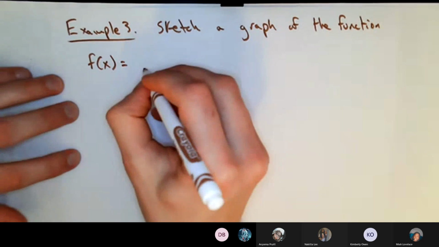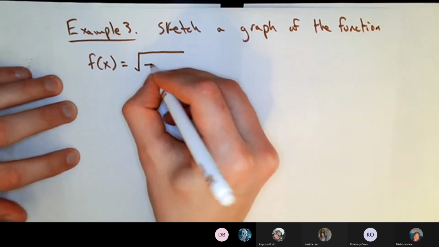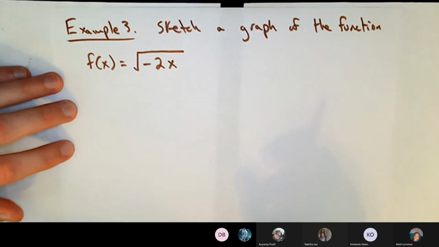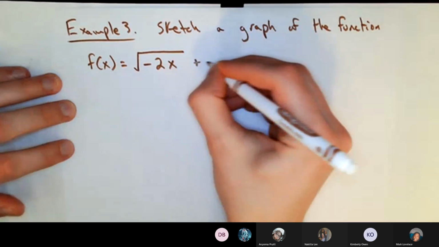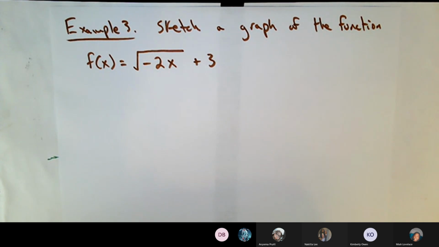Let's do the square root of negative 2x, and then plus 3. And I'm going to get you guys involved in this one. So there's the function. I'll give you a second to think about it. It's the square root of negative 2x plus 3.